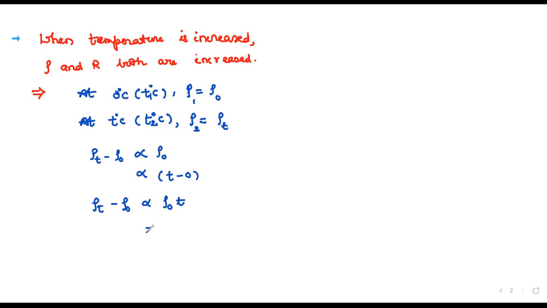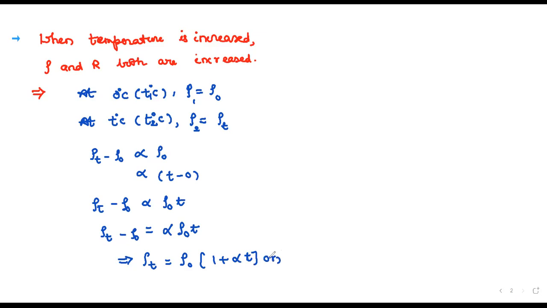Now we replace the proportionality with some constant, representing it here also with the letter alpha. Alpha rho naught T is equal to rho T minus rho naught. That implies one equation: rho at T degrees Celsius equals how much? Taking this to the other side, I will get rho naught times, by taking rho naught common, 1 plus alpha T. That is one equation.